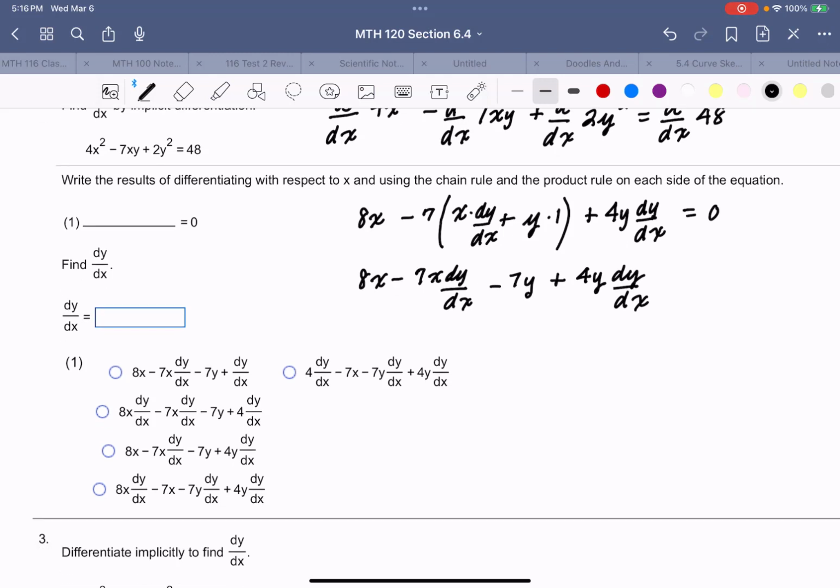So it looks like it's going to be this third choice here, 8x minus 7x dy dx minus 7y plus 4y dy dx. Now I have to solve this, and remember this is equal to 0, so I have to solve this for dy dx. So I'm going to keep the terms with the dy dx on the same side.